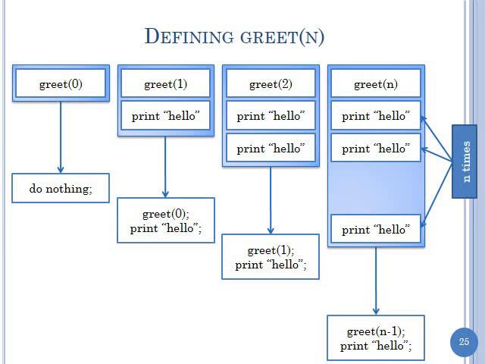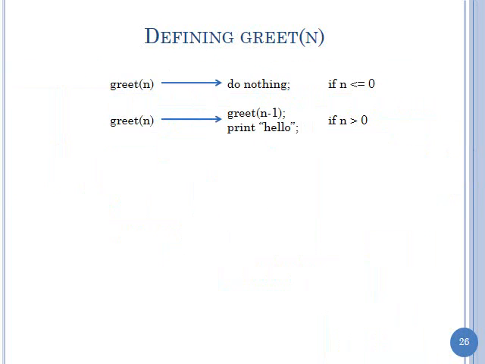Procedures, recursion. No functional language. I mean, functional language will never do something like this. Okay? And again, my definition is not mathematical, but it's recursive, and it says greet n: do nothing if n is less than or equal to 0, otherwise greet n minus 1 and print hello. Okay, if n is greater than 0.